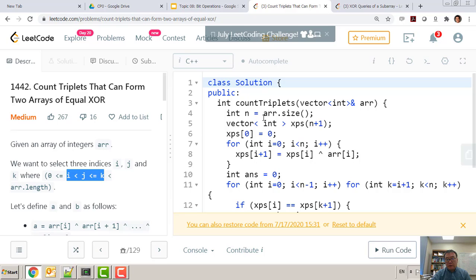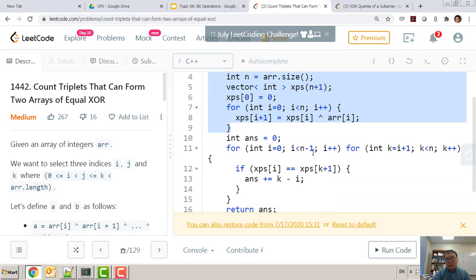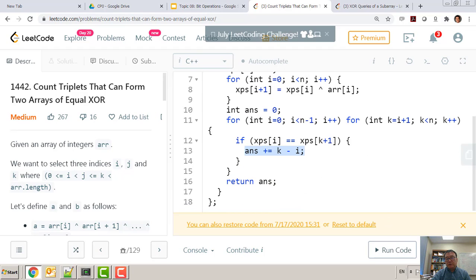So we compute this as in the previous question, and then we loop over all possible values of i and k, and we check whether the range XOR equals 0, which is basically the same condition here. If that is true, then we know j can be chosen as any value between i plus 1 and k inclusive. So that means there are k minus i choices.